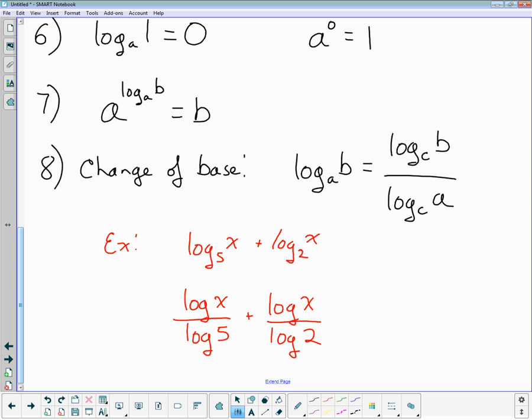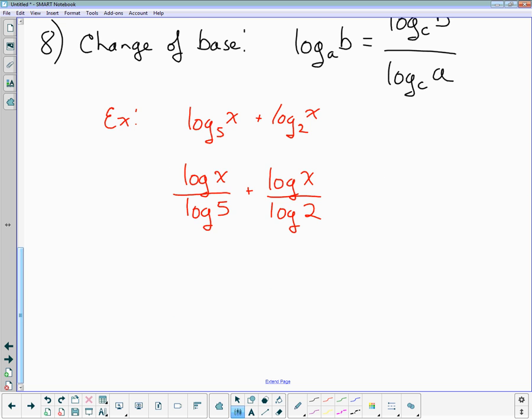And you see, now that everybody is of the same base, now they can start working together. Just like unlike terms, you can't combine unlike terms. Well, now we can just get common denominators, mush all my fractions together, and move on with things.